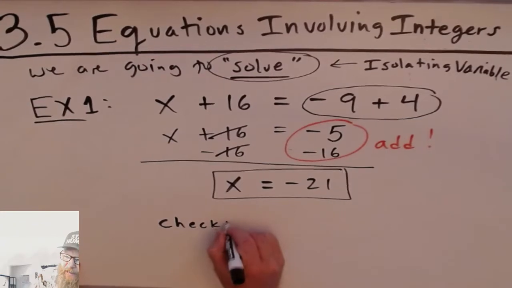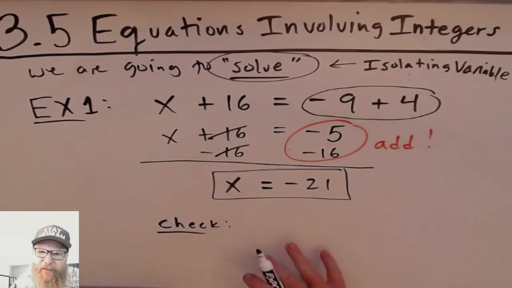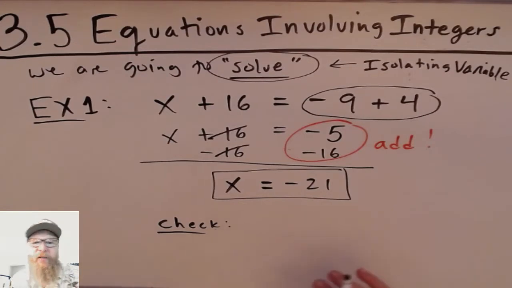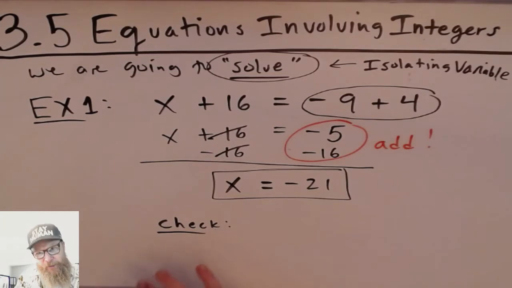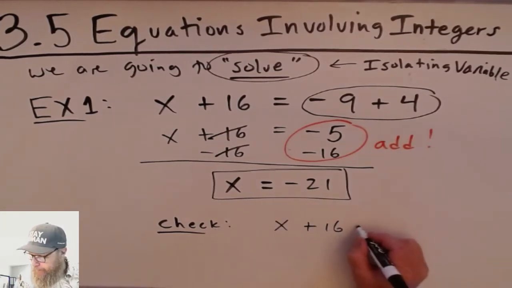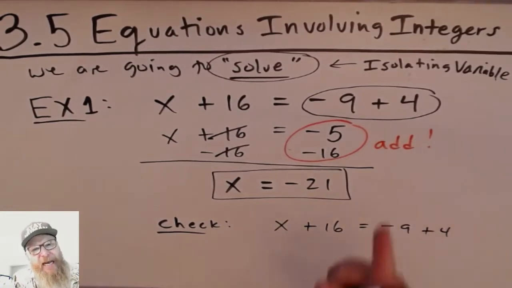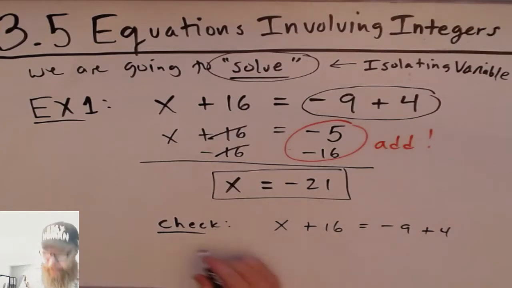I will show you how to check, but again, I've said this before, if I check every answer in this lesson, this is going to be a 2.5-hour lesson. So I'm just going to show you generally how you check, and then you see if it's right. On the homework in the lab, you don't need to check your own answers, but on a test or a quiz, I highly recommend doing this.